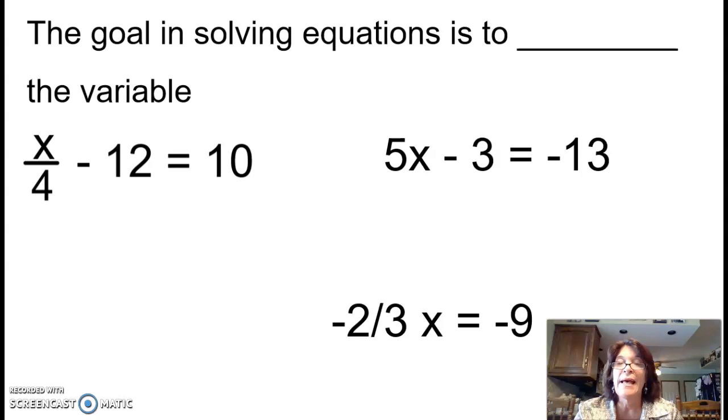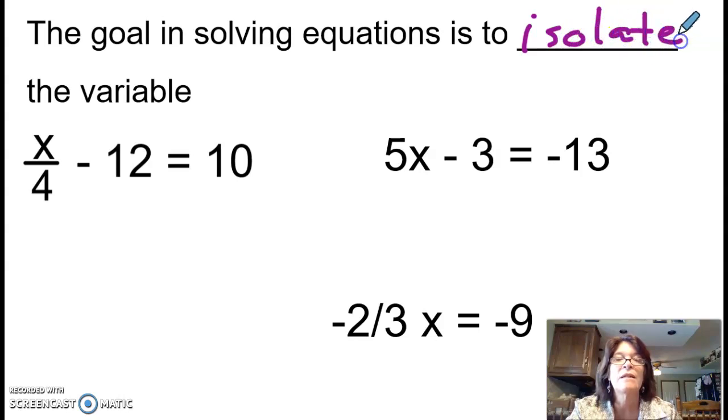But right now, I just want to remind you the goal in solving equations is, of course, to isolate the variable. Okay, we want the answer to be x equals 10, x equals 3, whatever. I just want x by itself with what value I can stick in for x and make the equation true.